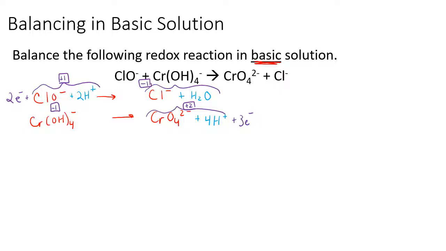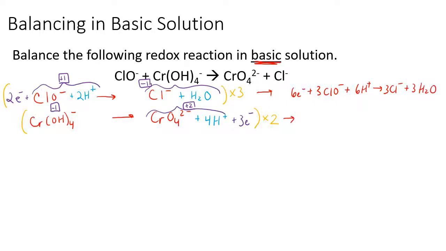Next step, make our electrons gained equal our electrons lost: multiply everything in the top one through by 3, multiply everything in the bottom one through by 2. Rewriting our 2 half reactions, we're going to have 6 electrons plus 3 ClO minus plus 6H plus, and on the product side we're going to have 3 Cl minus plus 3 H2O.